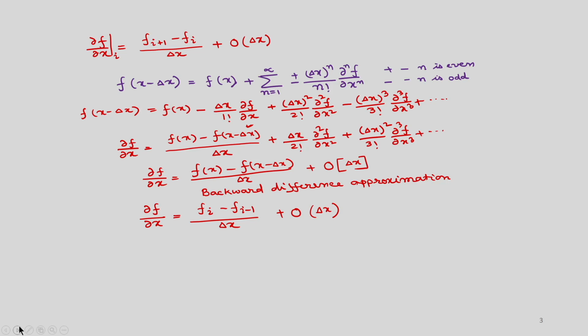Now, if you want to write f i plus 1 and f i minus 1, you expand these two using Taylor series about point x i, then you will get f i plus delta x del f by del x plus delta x square by factorial 2 del 2 f by del x square plus delta x cube by factorial 3 del cube f by del x cube plus so on.